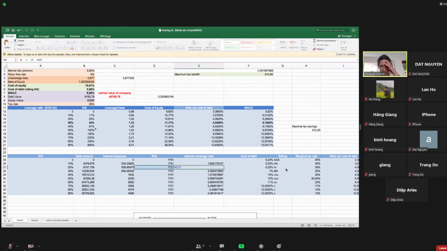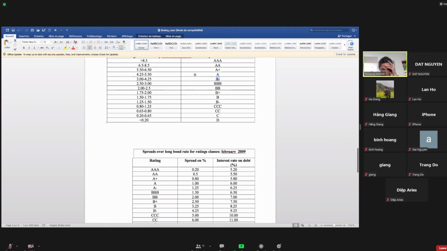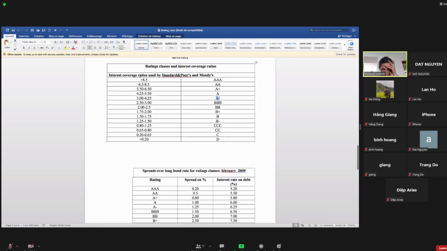The interest coverage ratio is equal to EBIT divided by interest expenses, so 3.43. Okay, so I can state A minus, because to have the rating A minus, the ICR should be between 3 and 4.